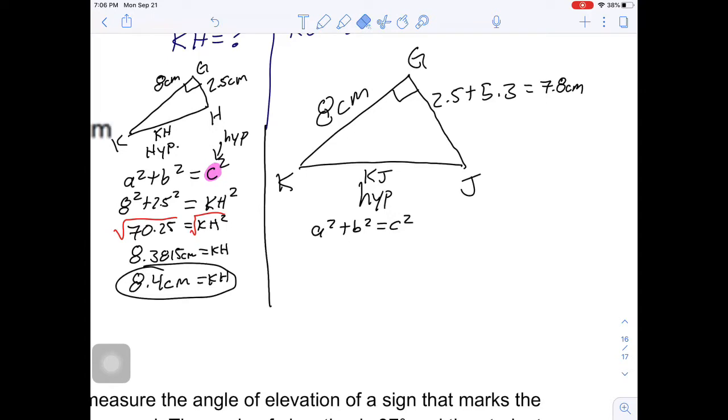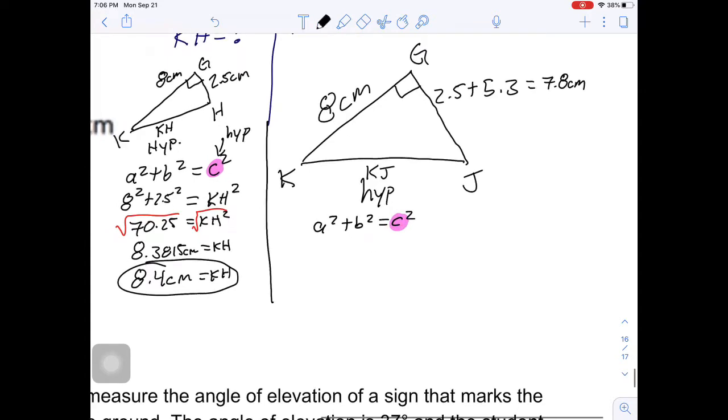All that matters in Pythagoras is that you put the hypotenuse as c. So this will be K to J squared. And now a can be either 7.8 or 8. Let's put it as 7.8 squared plus, and the other one has to be 8 squared.